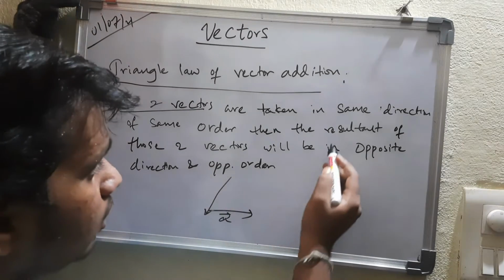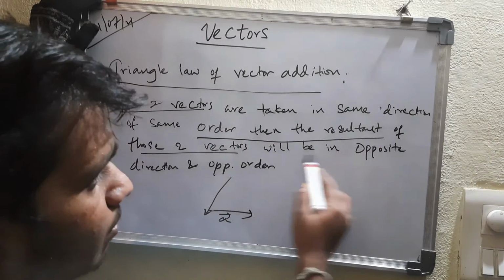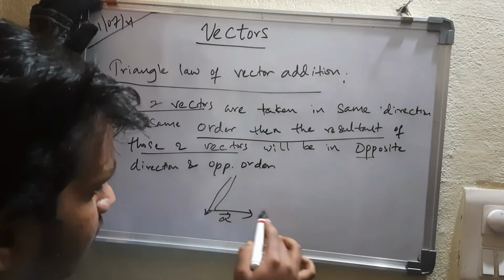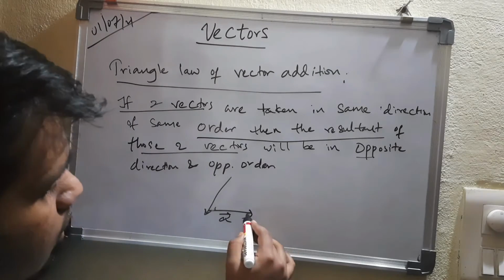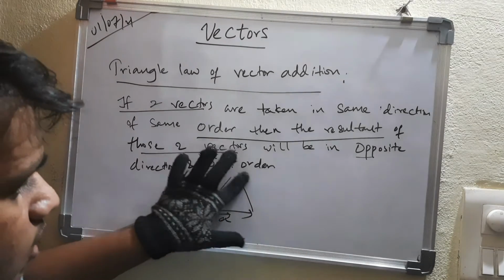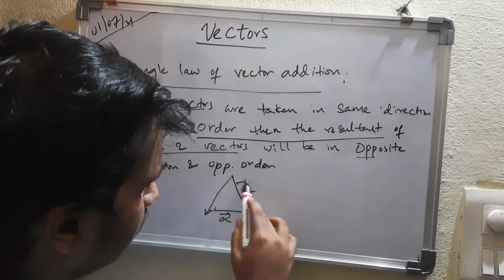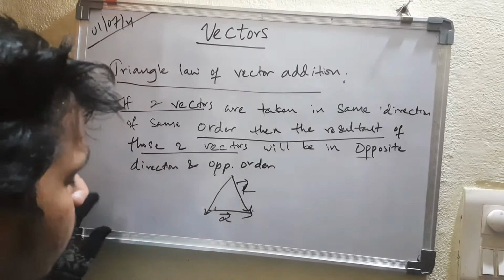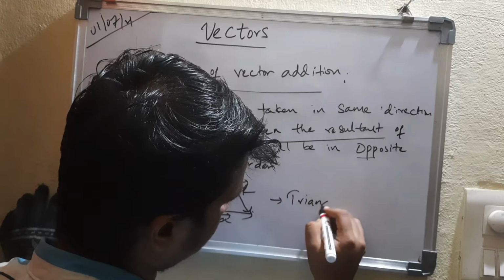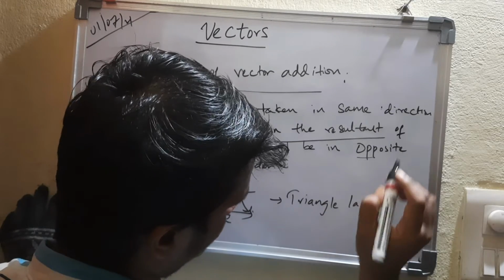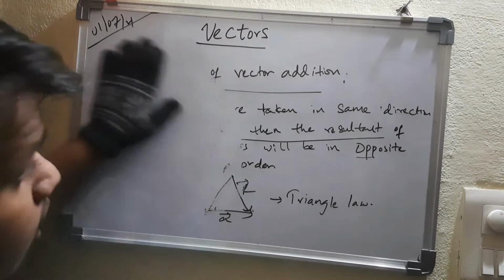Then the resultant of those two vectors will be in opposite direction. One goes like this, the other goes like this, and the resultant goes from here to here. This will be the resultant of these two vectors. Okay, clear? This is triangle law. Okay, note it down.